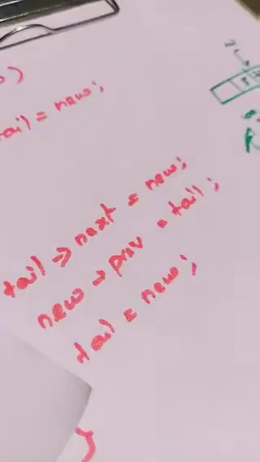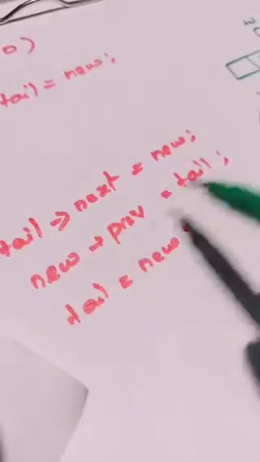Okay, and finally I have to change the tail, because we all know that tail will have the address of the last node. So this is the last node, right? This is the first one which we created already, and this is the recent node, the last node. So I have to change the tail to this. So these three lines mean that. First, tail next is equal to new node, I have to point to the new node.